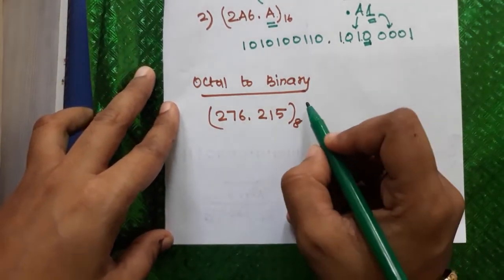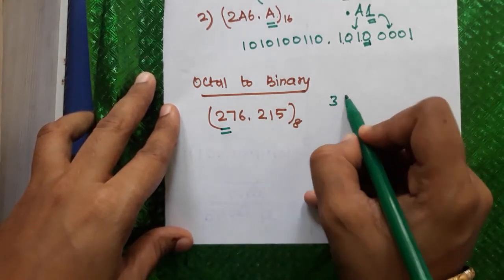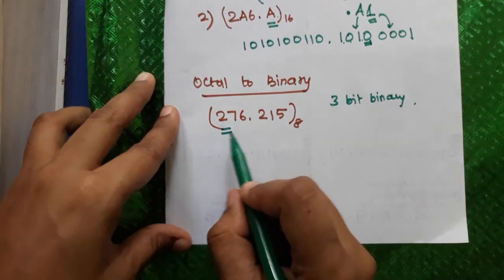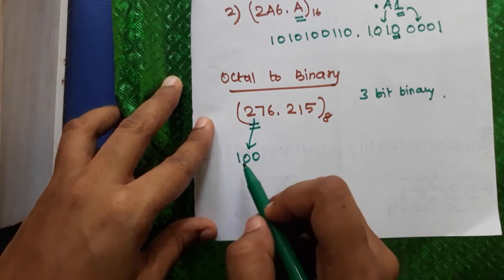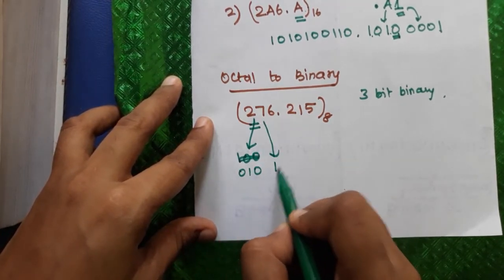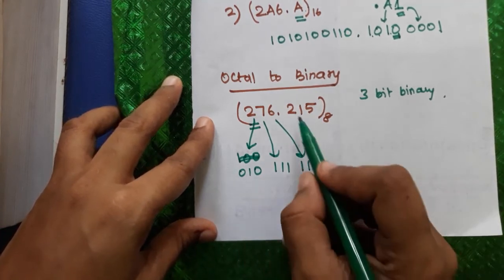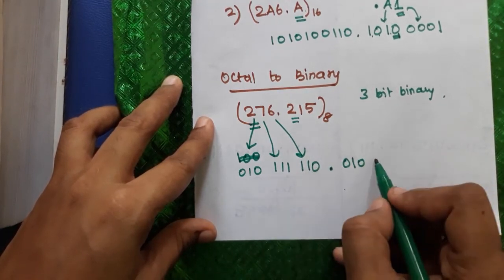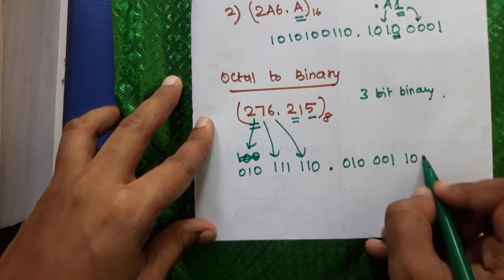Yes, fine. Now, a similar method is adopted for conversion of octal to binary. But here, I expand each digit as 3-bit binary numbers. Sorry, 2 is 010, 7 is 111, 6 is 110. Dot 2 can be written as 010, 1 is written as 001, 5 is written as 101.